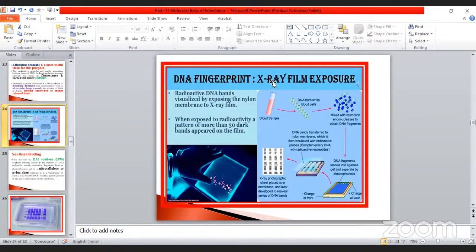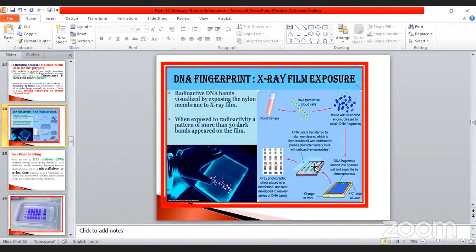See that one. DNA fingerprint X-ray film exposure. Already we discussed. This is the blood sample we collected. After that, the DNA from the white blood cells is separated, and DNA fragmentation takes place with the help of restriction endonucleases. Then it is run by electrophoresis.